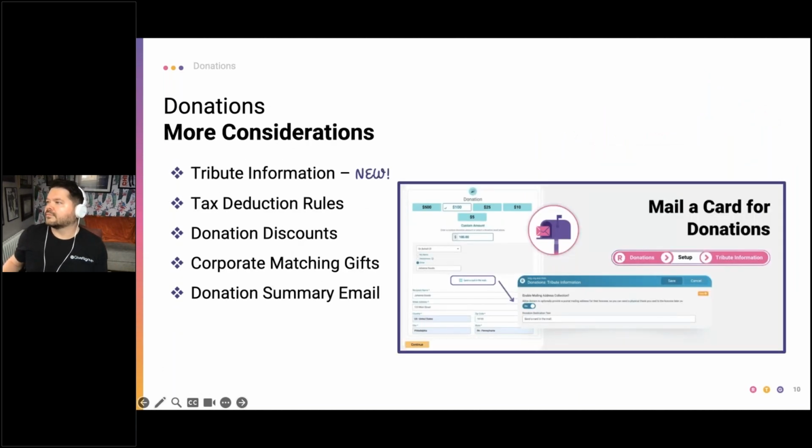Other considerations when setting up your donations include the following. So one of our newest features, tribute information. This is a way to offer to mail a card of thanks to inform an honoree or maybe a family member of a donation. Also coming your way soon is going to be the ability to send an e-card. It's another nice personal touch and really appeals to donors.